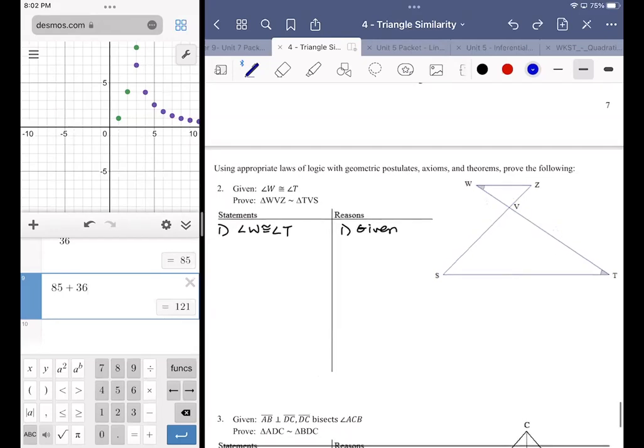So for my second statement, I can say angle WVZ, or ZVW is the way I said it initially, but either way, as long as the V is in the middle, is congruent to TVS.